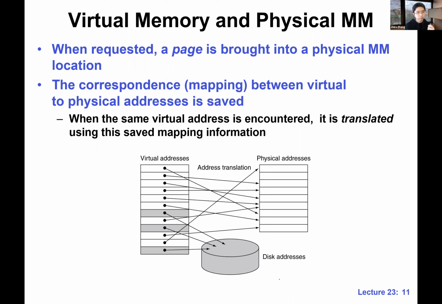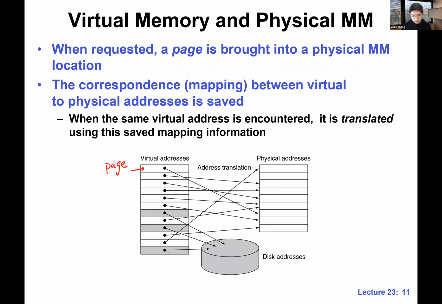Now we have this virtual address space over here, and we have the physical main memory over here. One thing I want to emphasize is that each one of these is a page.